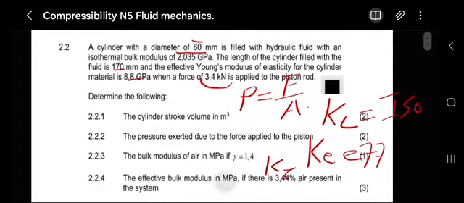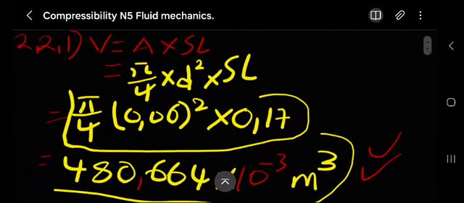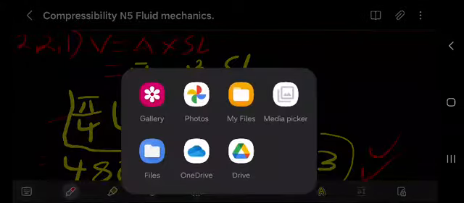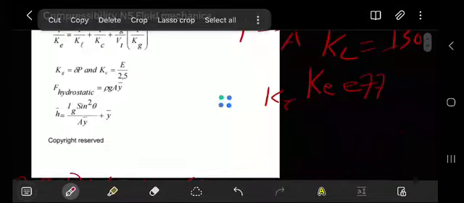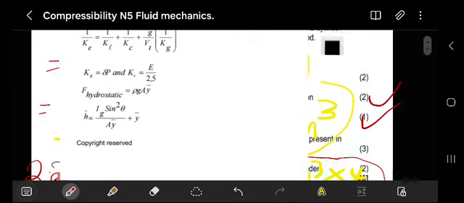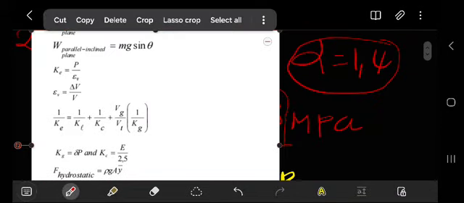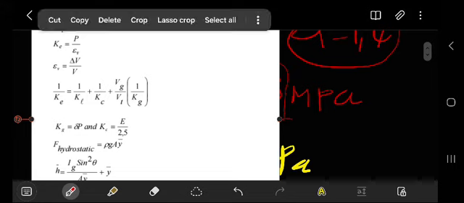Let me just show you this formula sheet here. If you want, this is the formula sheet that speaks about those things. You see it says 1 over KE.